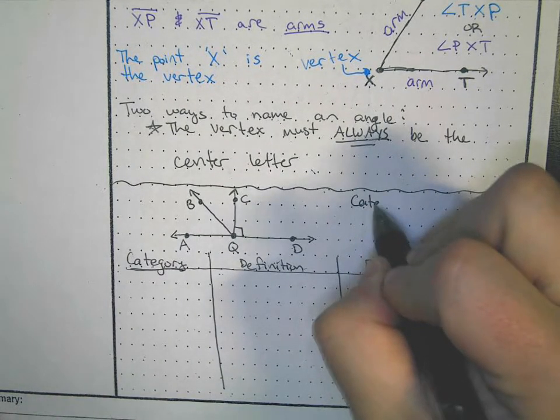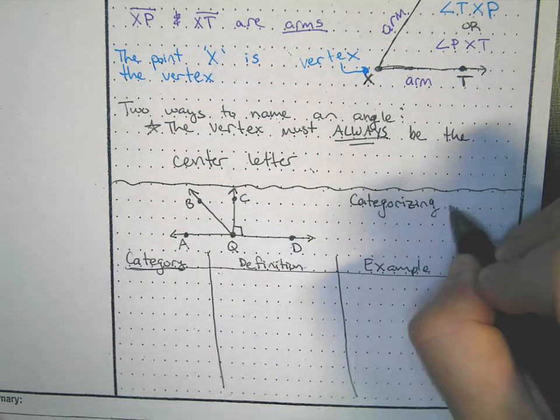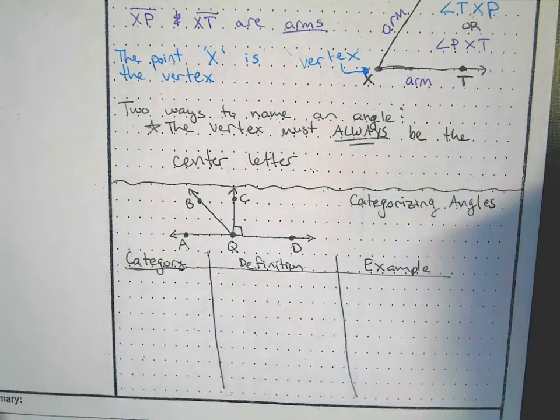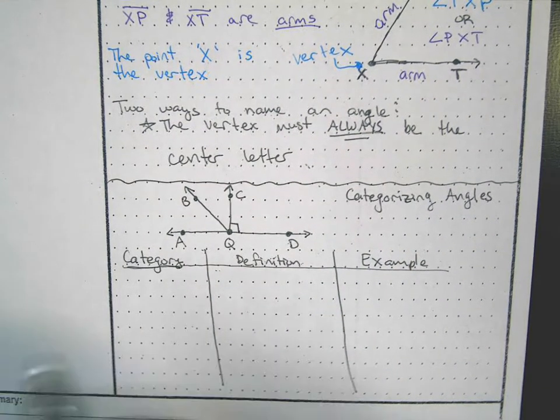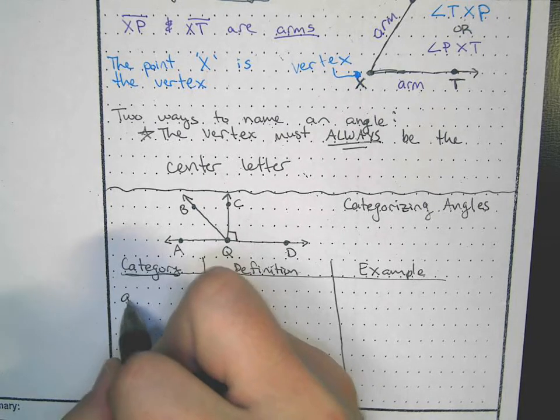So this is categorizing angles. Okay, so the category, and these are words that I believe we've heard before. The first one will be acute.